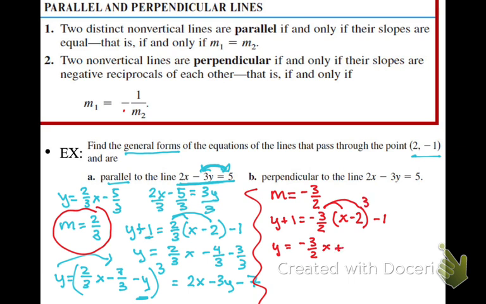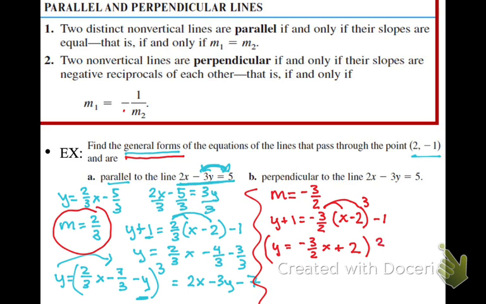So plus 2. So I need to put it in what form? General. So this time I'm not going to subtract the y. I'm going to add the x because I need a positive x, yes? And multiply everything by 2. Should you also subtract the 2? Yes.